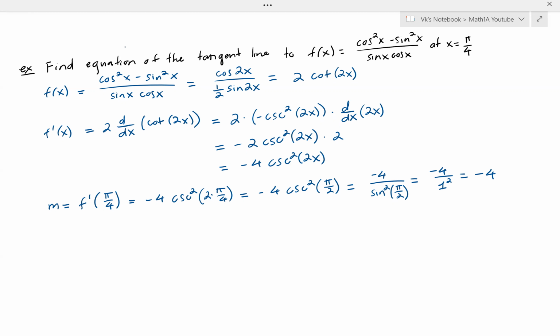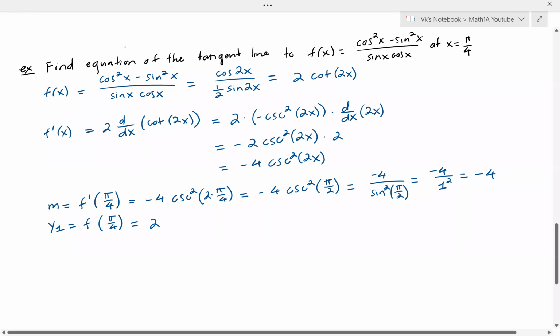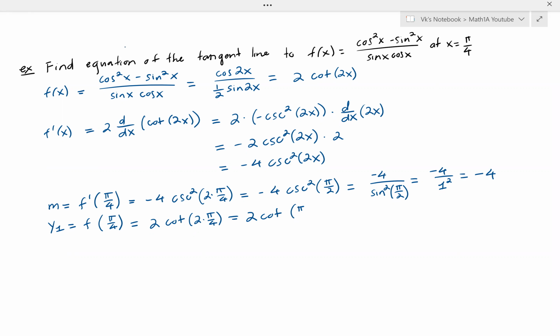And we also have y sub 1, that is f of pi over 4. We use the simplified function 2 cotangent of 2 times pi over 4, equal to 2 cotangent of pi over 2.